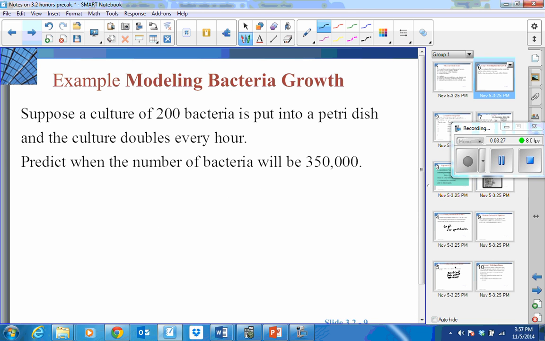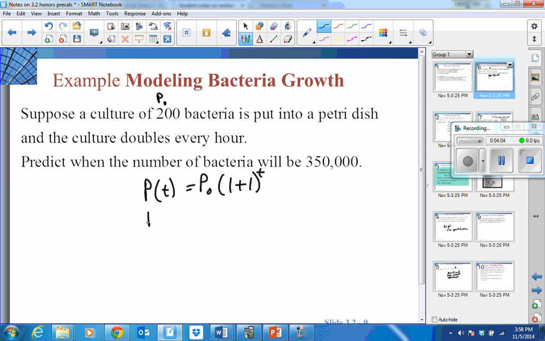Suppose a culture of 200 bacteria is put into a petri dish. So this is our P sub 0. And the culture doubles every hour. Predict when the number of bacteria will be 350,000. So if we're looking at P of t, and we have our initial population, and this time it's doubling every hour, that means basically it's increasing by 100%, or 1, every hour, and t is going to represent our time in hours.